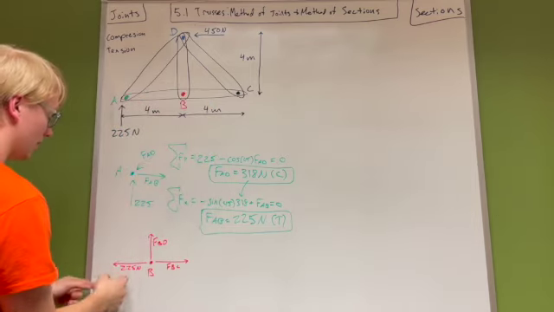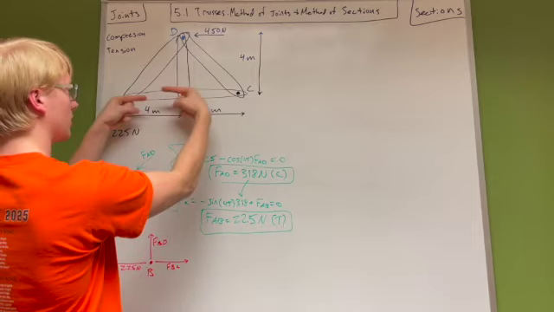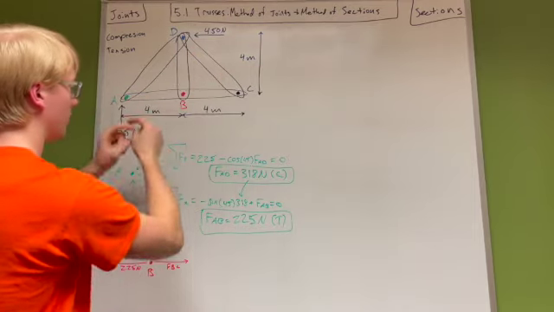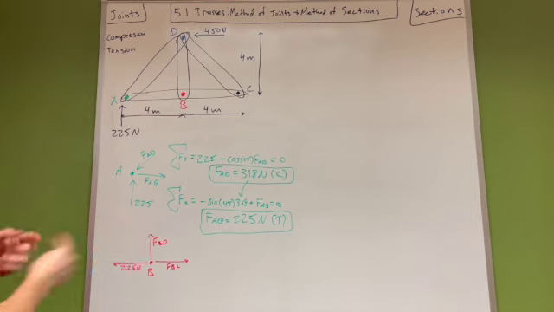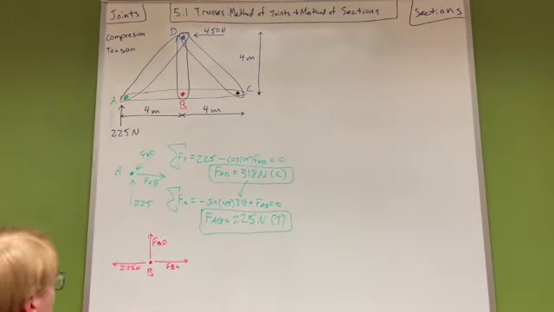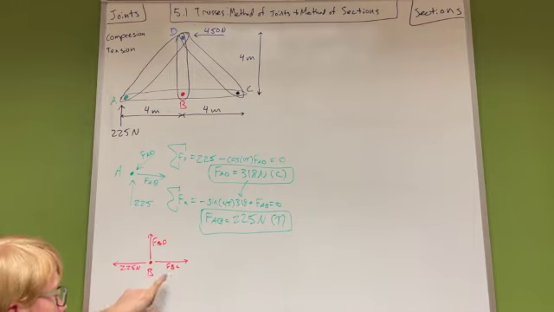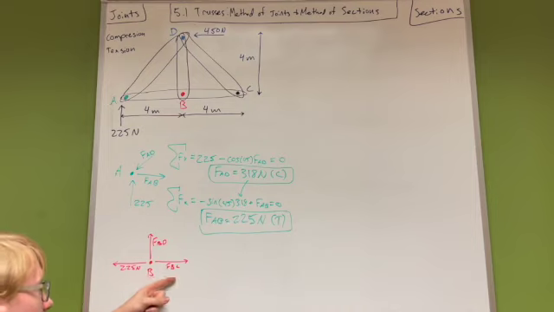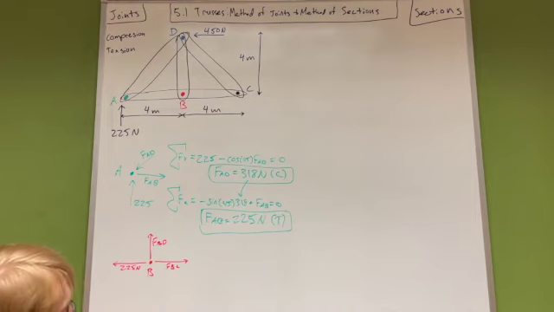In this case, the 225s are going like this, in equal and opposite directions of each other. And so that's why this arrow is going left, which means, since we know B is at equilibrium, this arrow is going right.